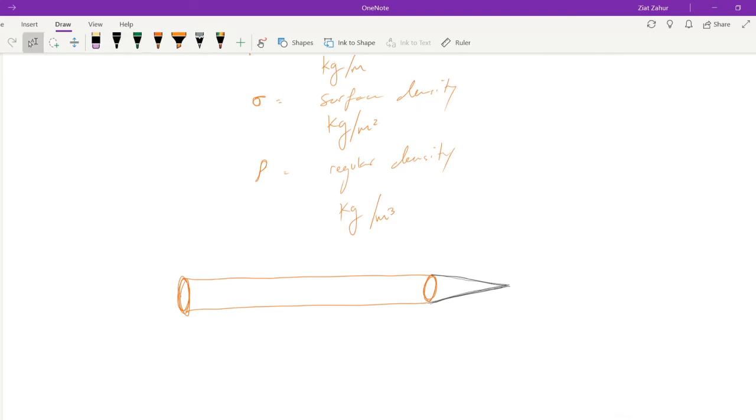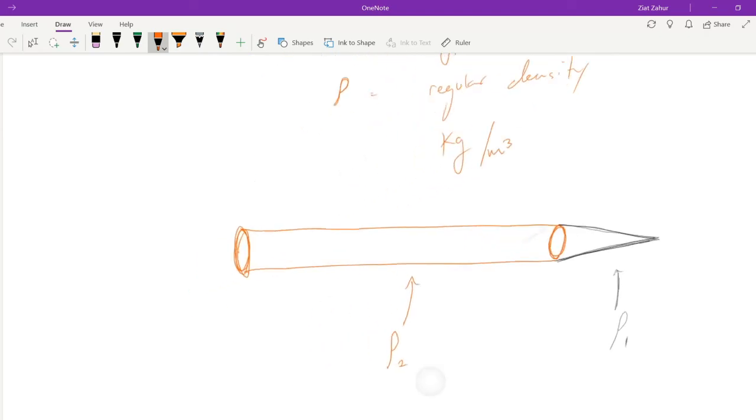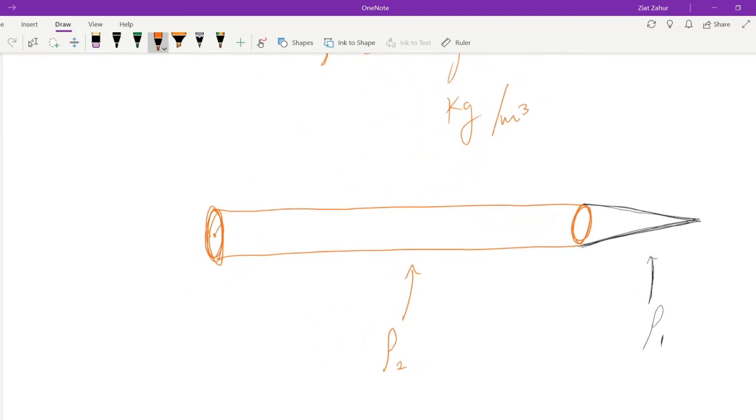So let's see. Let's say this has some sort of volumetric density rho 1, and this has some sort of volumetric density rho 2. This one is a cylinder of radius little r. No, I'll use capital R. Capital R. Same thing with the cone.